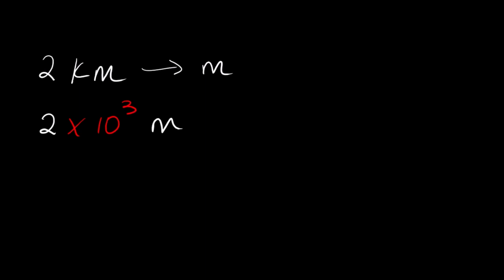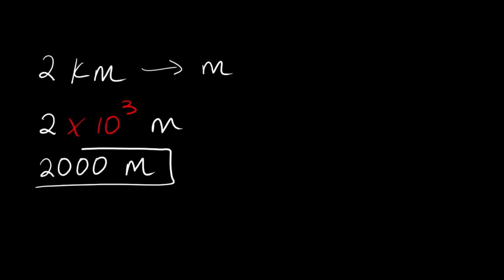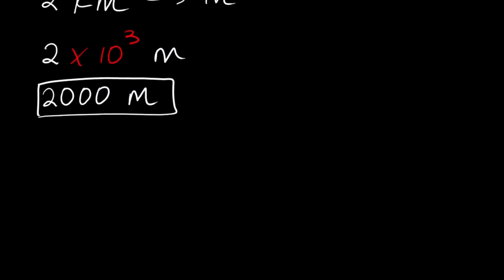We are left with meter. Simply punch this on your calculator. So what is 2 kilometers in meters? It's actually 2000 meters. Let us look at another one.